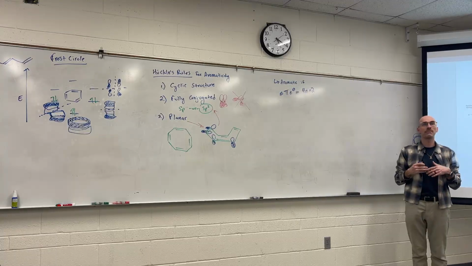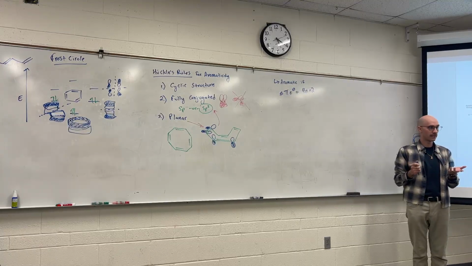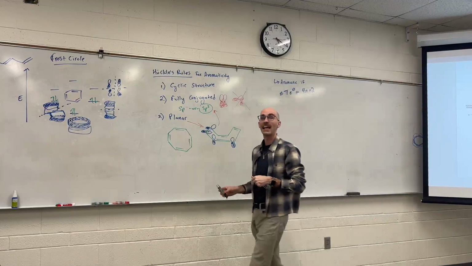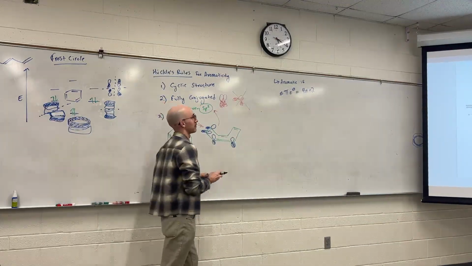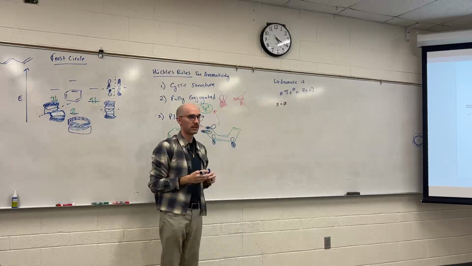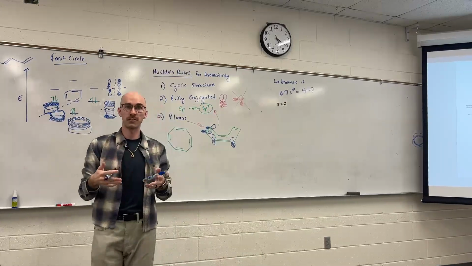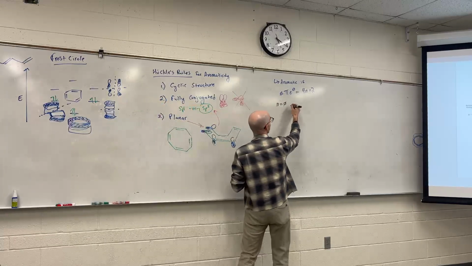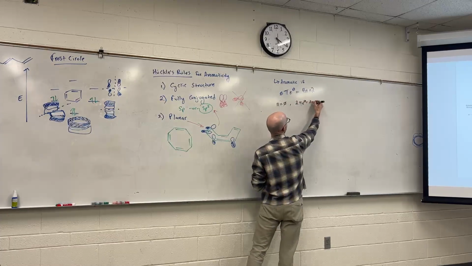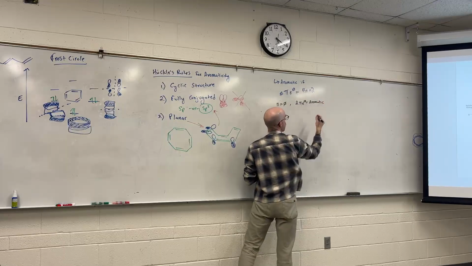It is just a means to an end. For example, if n equals 0, then 4 times 0 plus 2 means that 2 pi electrons is an aromatic system.